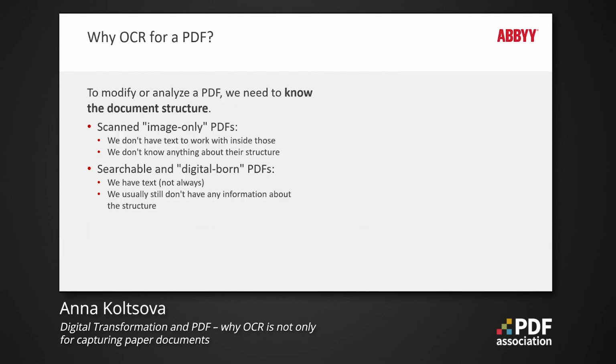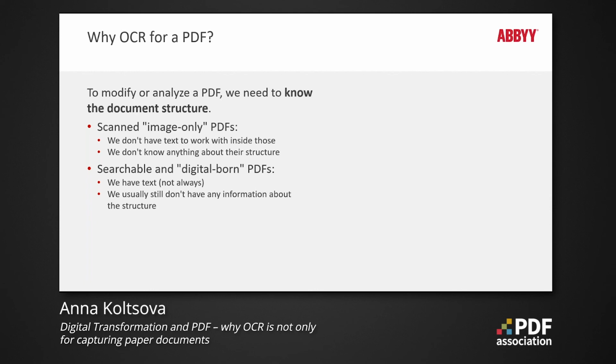Why do we need to digitize PDFs with OCR? They are already inside the computer in digital form, aren't they? The answer is that while most PDFs are perfectly well suited to being nicely displayed on the screen, we need to know the PDF document structure to analyze, modify, and reuse them effectively. Let's have a look at what we have in PDFs of different types.